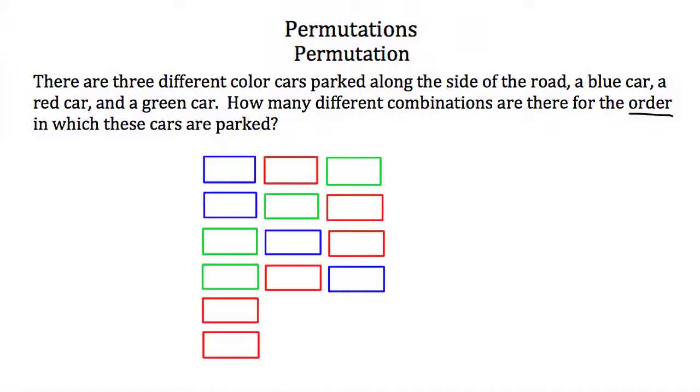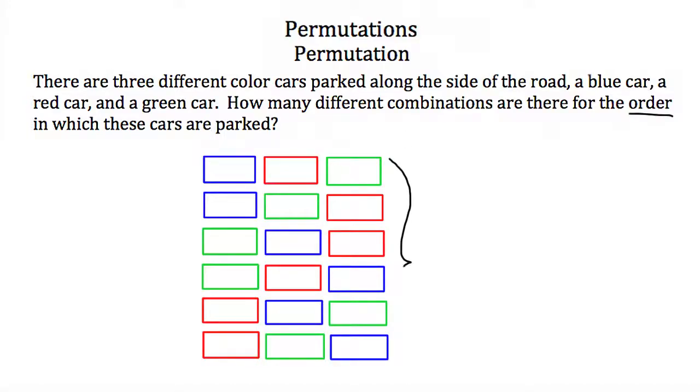In one instance, the blue car would follow, and then the green car. The other option states that the green car would follow the red one, and then the blue. So there are 6 different combinations for how the 3 different cars can be parked.